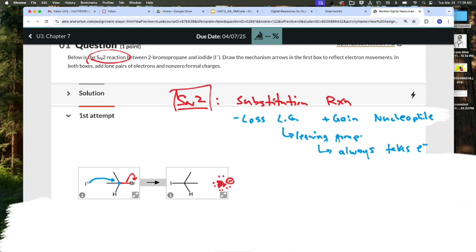SmartWork does it really well because it snaps to wherever you're trying to take it to. So if you want to take it to the carbon, you have to hover your mouse cursor, you click your arrow from iodide, and you click and drag to wherever you want to drop the arrow point. And when that carbon atom is highlighted, now you can drop, release. You have an arrow showing that connection.